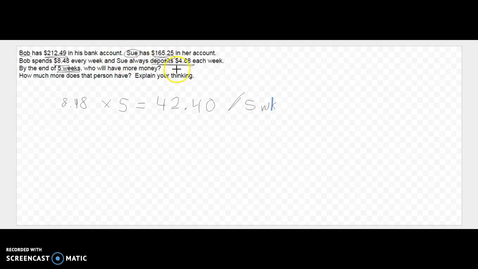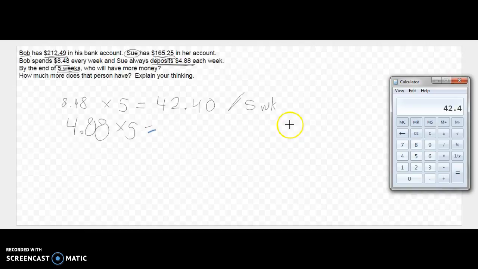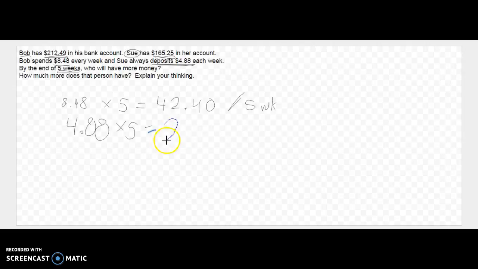Next is Sue. Sue deposits $4.88 each week. So we can actually do the same operation, $4.88 times 5, and that will equal, let's get the calculator again, $4.88 times 5, and that's 24.4.